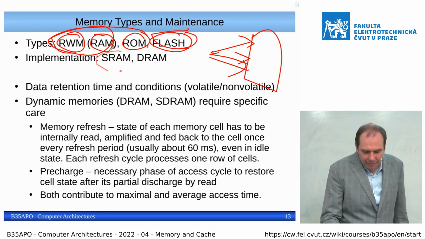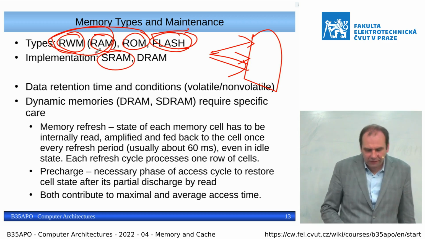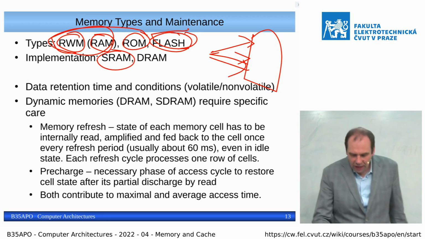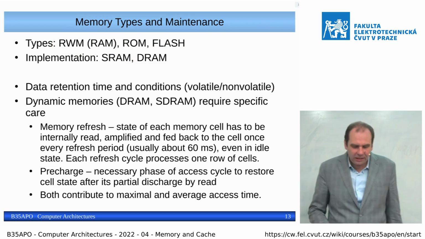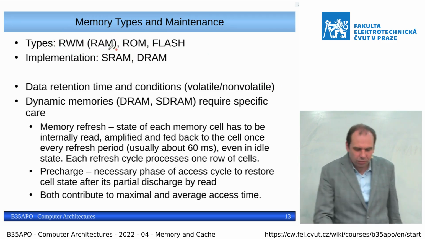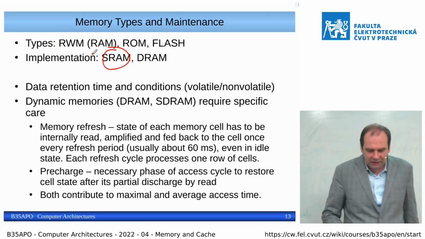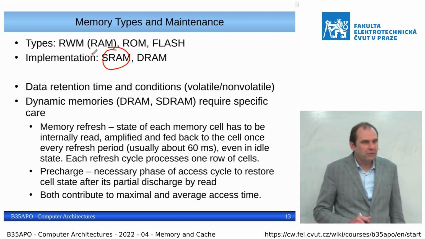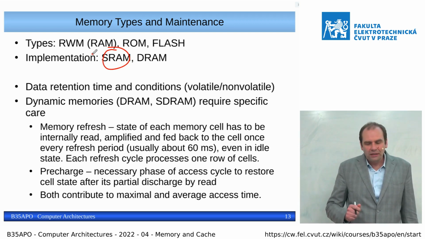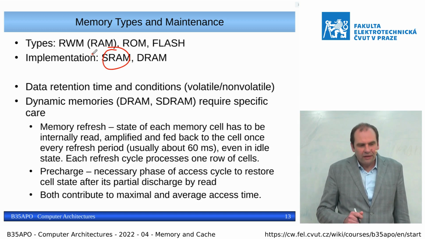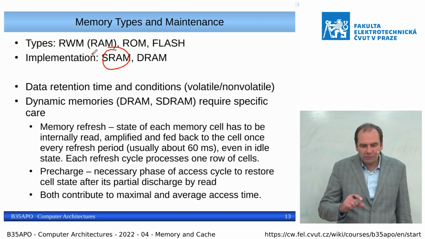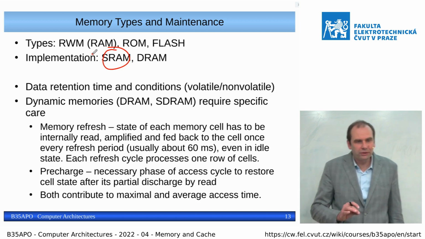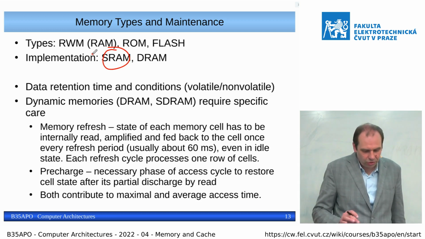On the other hand, those are volatile memories which lose data when we switch off the computer. And implementation of those read-write memories, which are fast and so on, can usually be done by two mechanisms. One is static RAM, which means that such memory holds the data if the power is provided. If we lose the power, we lose the data in a short time.